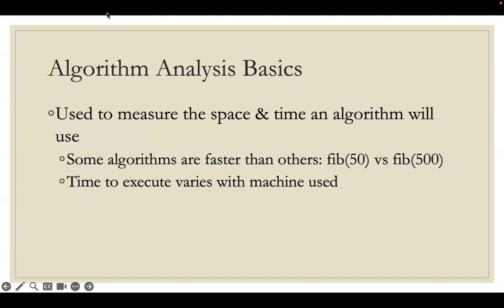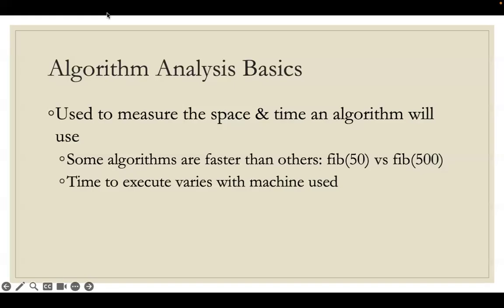The two things that we really care about when evaluating an algorithm are space and time. Space is how many variables it uses up in memory, how many variables and stuff does it need to do the calculations that we need it to do. And then time is how long it takes.